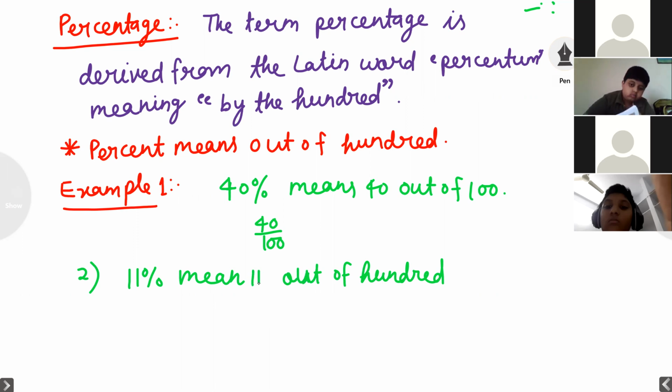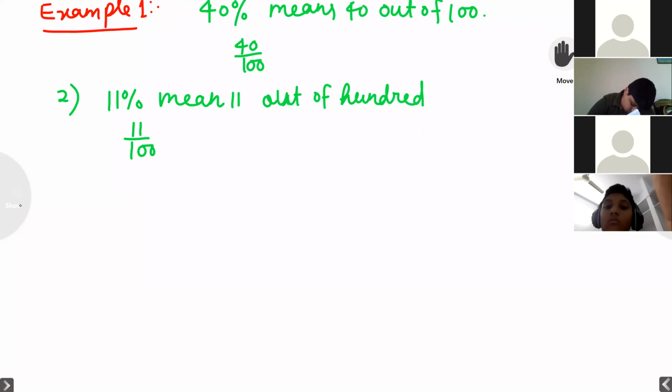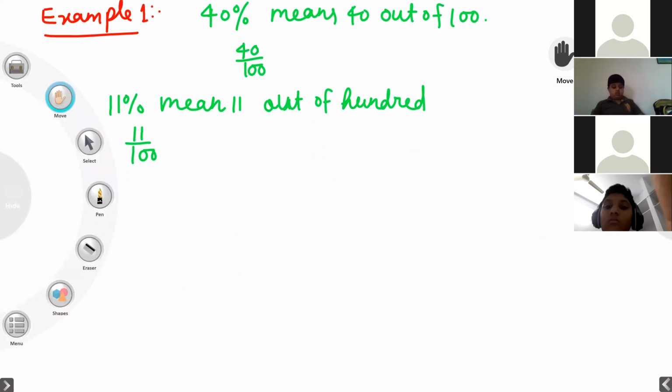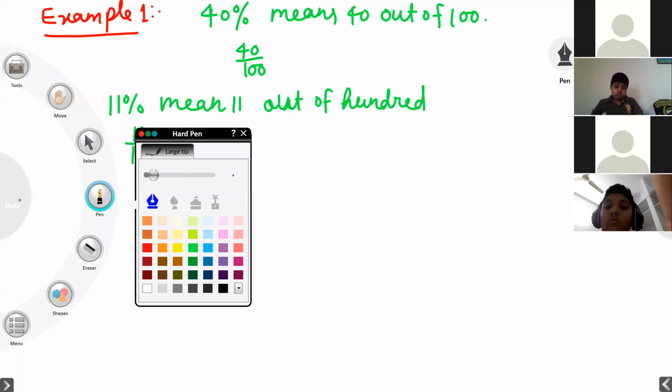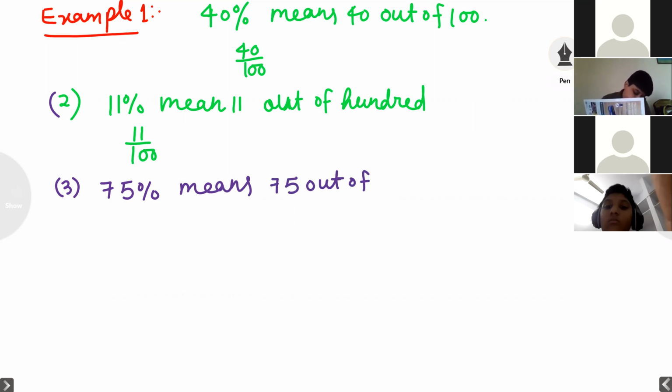Third example, 75%. What is the meaning of 75%? 75% means 75 out of 100. It means 75 by 100.